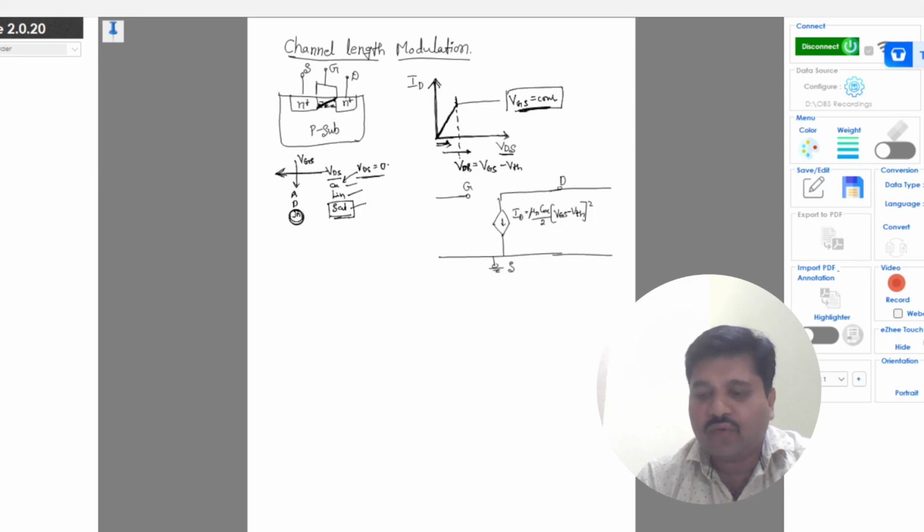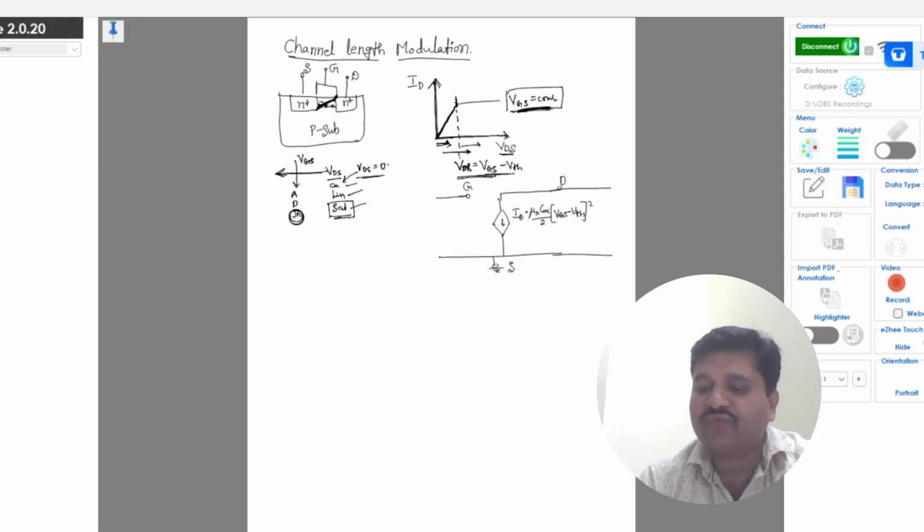When VDS is equal to VGS minus the threshold voltage, it is already at the verge of the point where increasing VDS further, greater than VGS minus VTH, will cause the channel to get pinched off. When it is equal to VGS minus VTH, the channel is modified like this, that means it is already at pinch off.